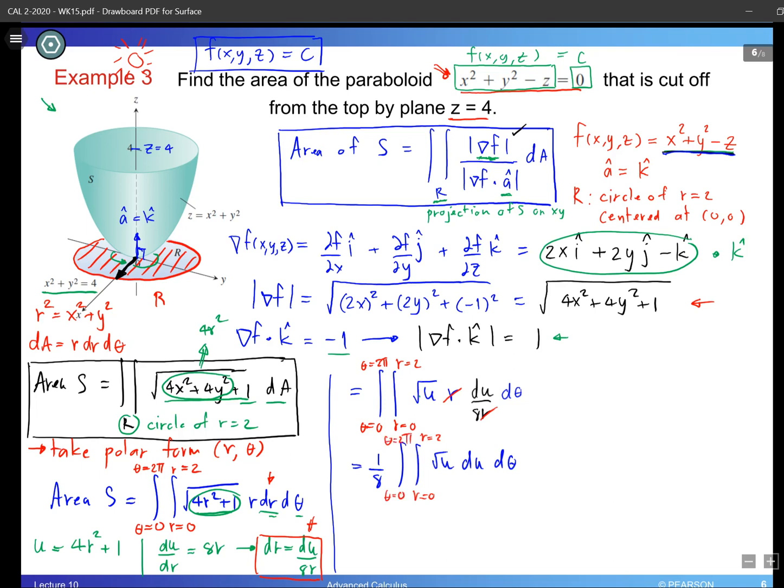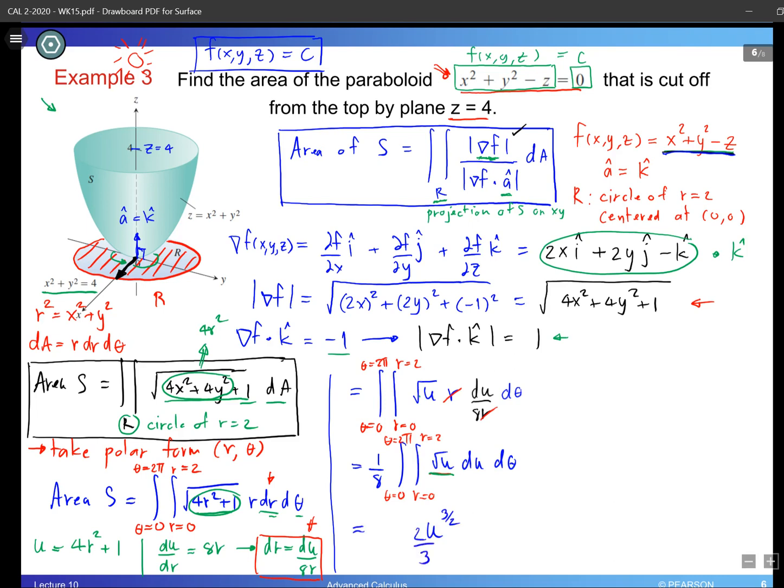Now we need to integrate this square root of u with respect to u, and that should be easy, right? So the square root of u is u to the power of 1 over 2. We integrate this, we get u to the power of 3 over 2 divided by 3 over 2, which is the same as multiplication by 2 over 3.